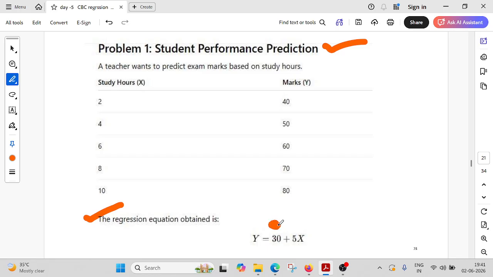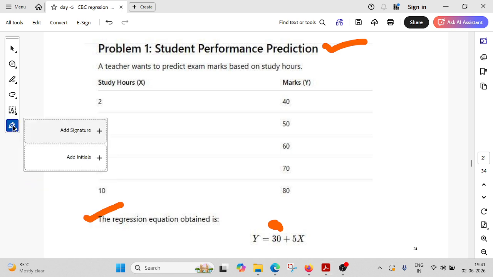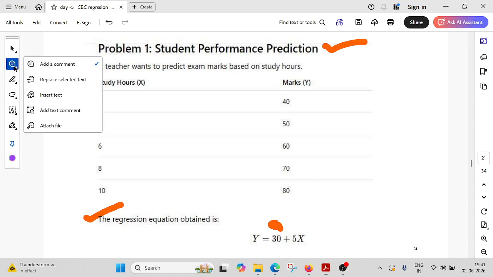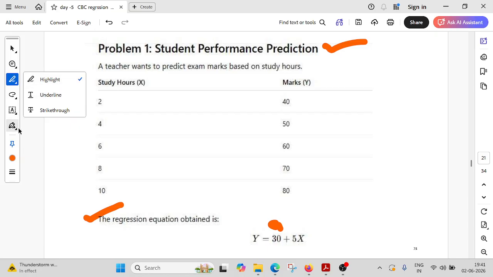What is the a value? This is the a value, and this value is b, and we are going to find out that this is x.